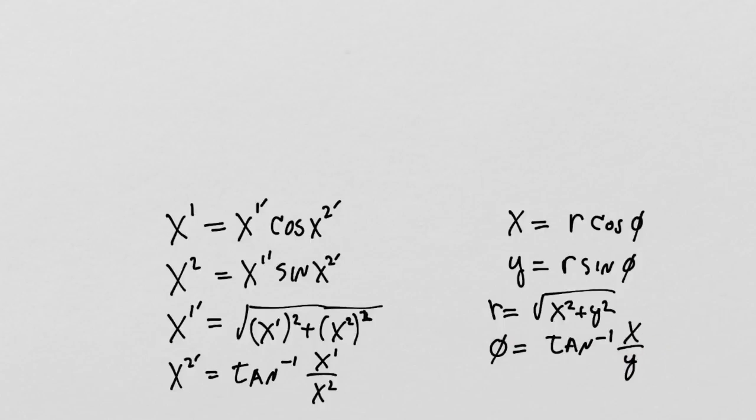Now, if we were to write this in the notation of our last section, x would be unprimed 1, y would be unprimed 2, r would be prime 1, and phi would be prime 2, and you get this object. But this is obviously totally the same thing, right? It's the unprimed and the prime system. The unprimed system is x, the prime system is r.